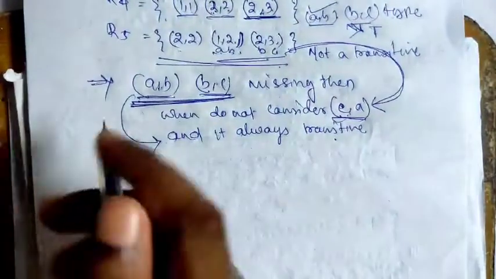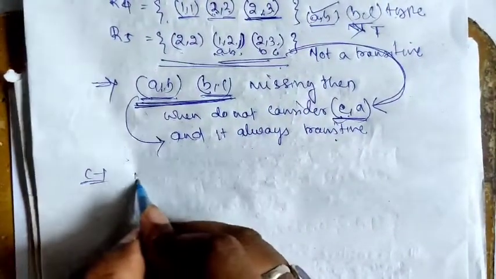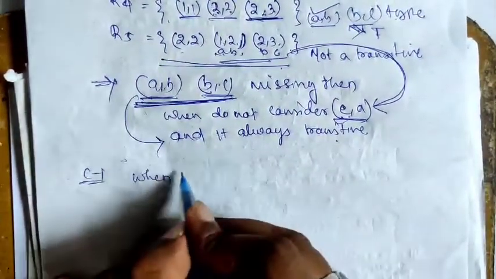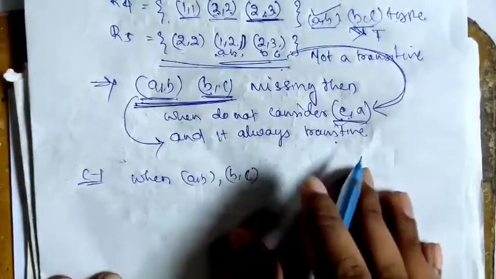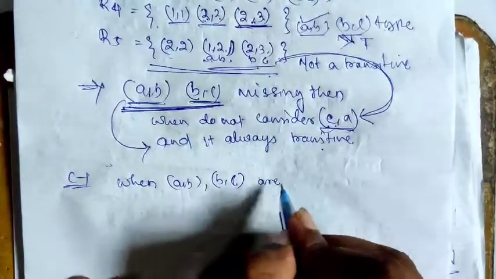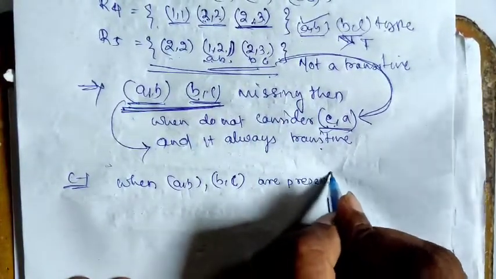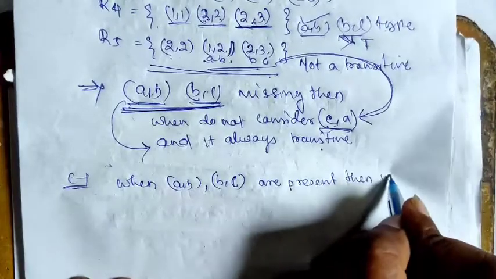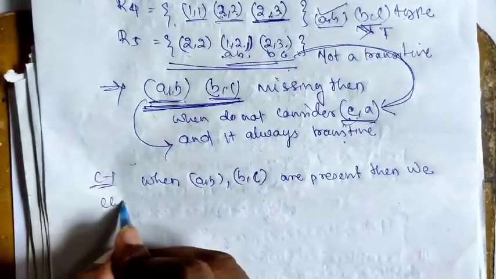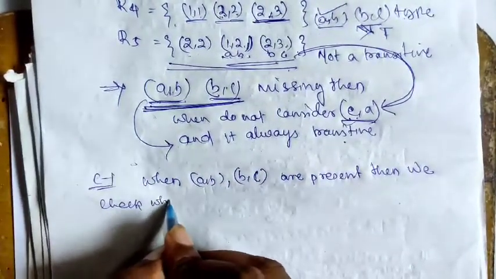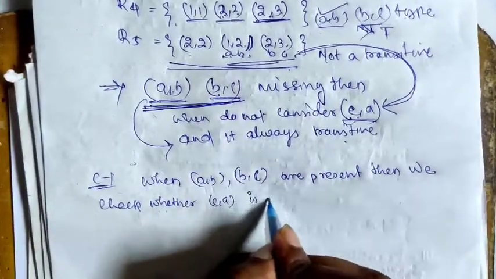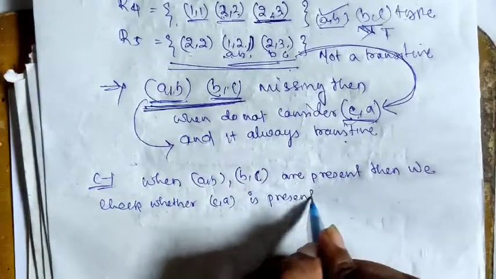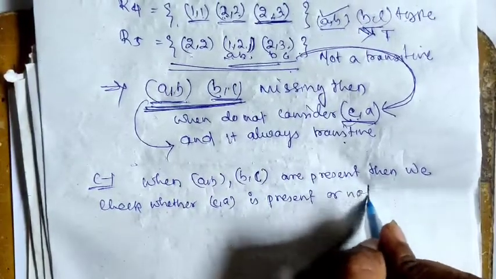So we may write as case 1 and case 2. Case 1: when AB and BC are present, then we check whether CA is present or not.